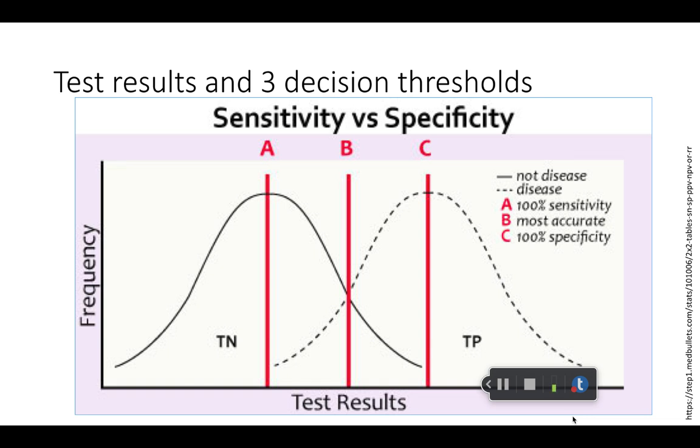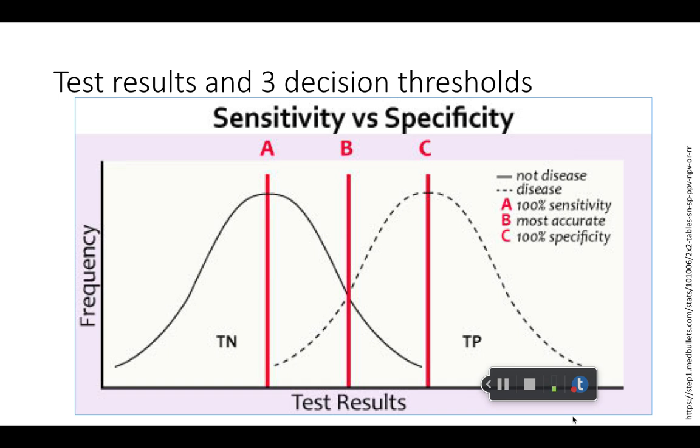Test A suggests that any result above that line is going to be considered positive, and any result below point A will be negative. So this test is 100% sensitive, meaning that it identifies all the true positive cases. But it also identifies a lot of false positive cases.